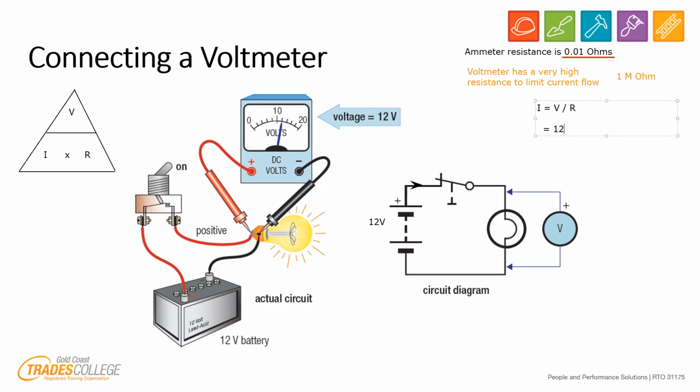Okay, so V is 12. This time R is 1 million, without the spaces. All right, so 12 divided by 1 million is a very, very, very small number.